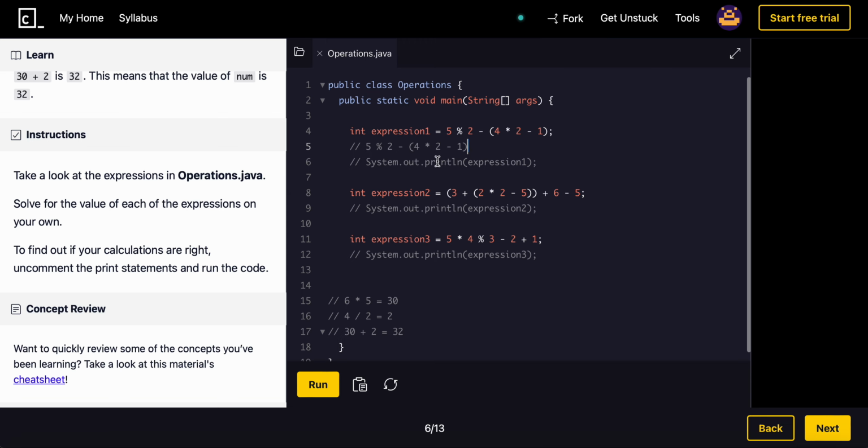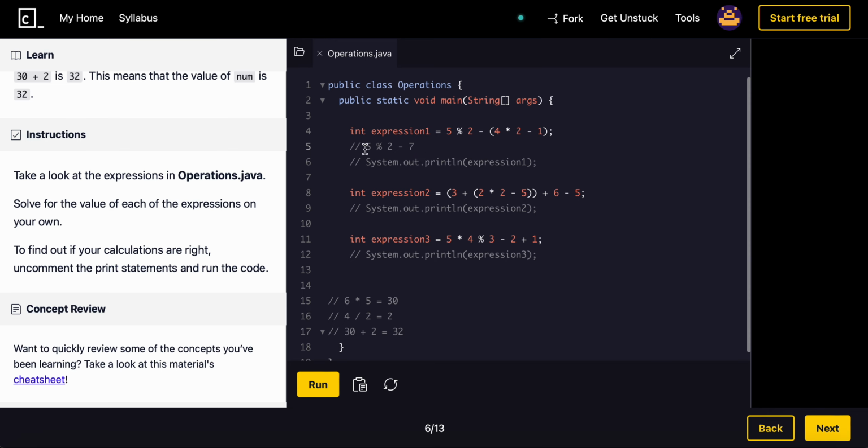First is going to be the 4 times 2, as you can see. So this becomes 8, and then you do the subtraction here, which becomes 7. And then you can get rid of the parentheses because we already did everything inside it.